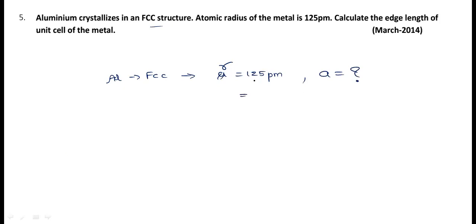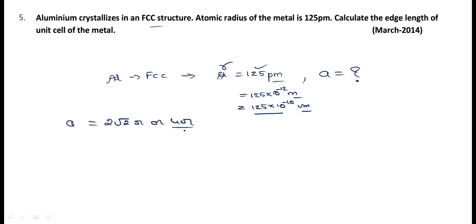If you convert that into centimeter, or if you retain the value, 125 into 10 to the power of minus 12 meter, and 125 into 10 to the power of minus 10 centimeter. Either you can go with the conversion to meter, centimeter, or picometer. We know that as it is FCC, a is equal to 2 root 2 R or 4R by root 2. We'll go with substitution.